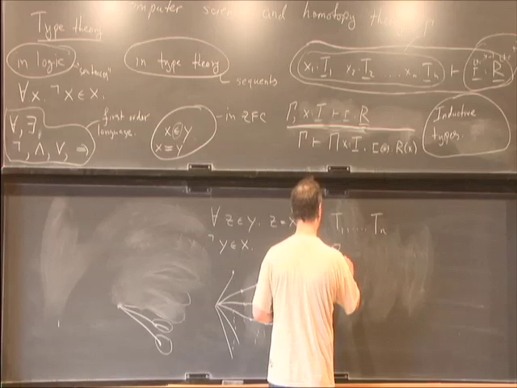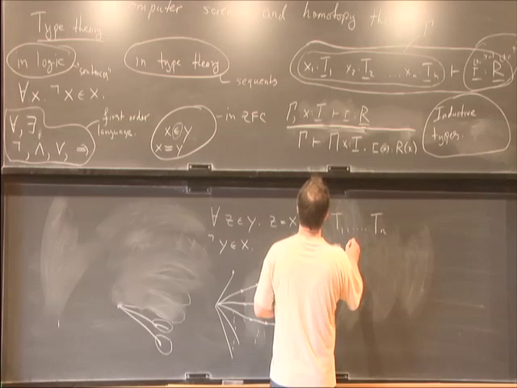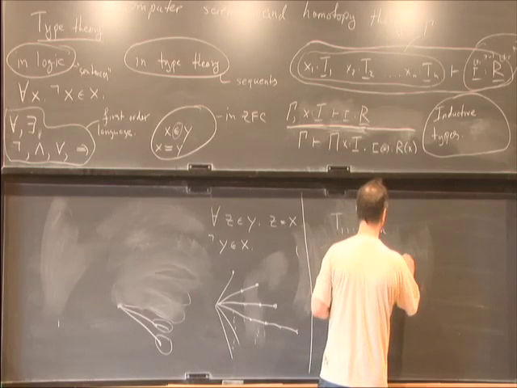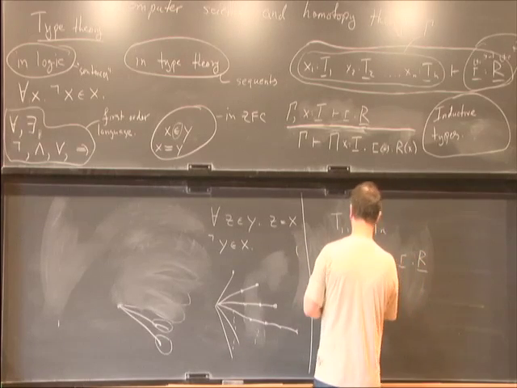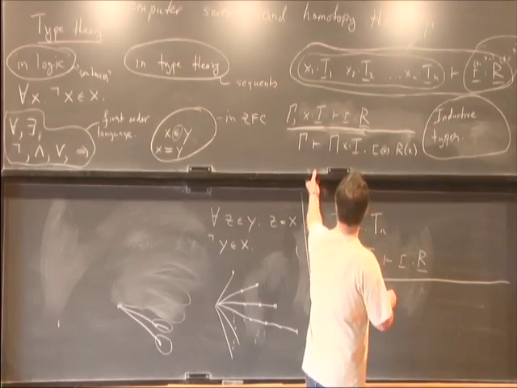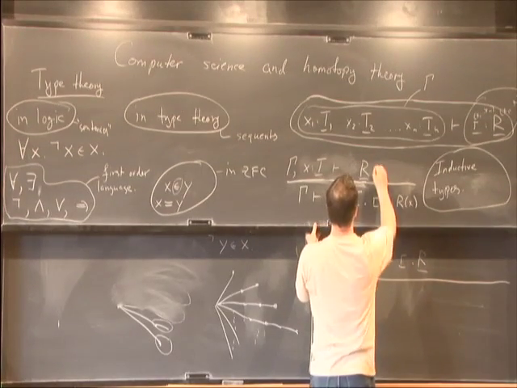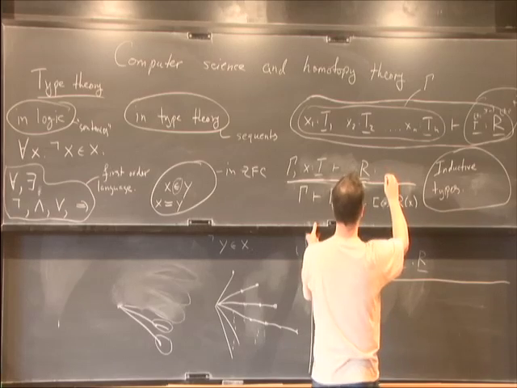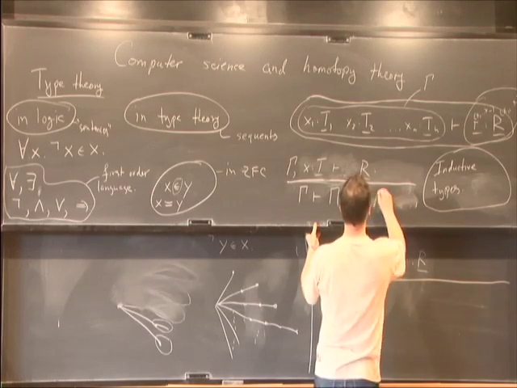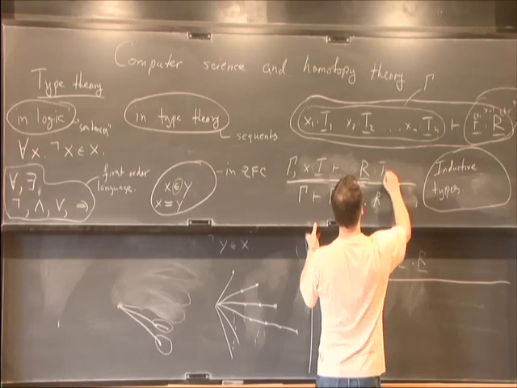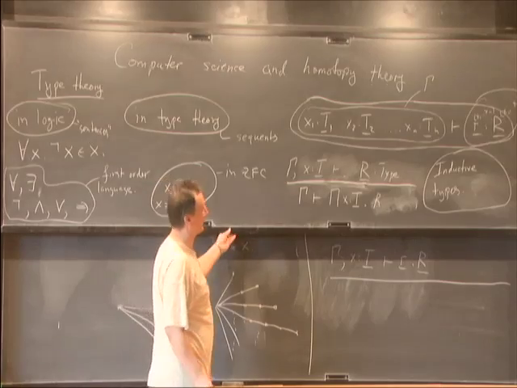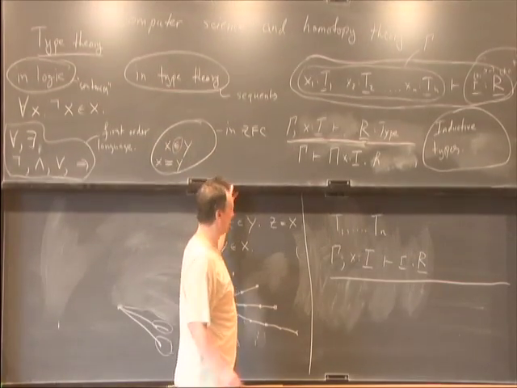So if I have gamma, I have the same thing as here. That would be the rule for the formation of a dependent product.